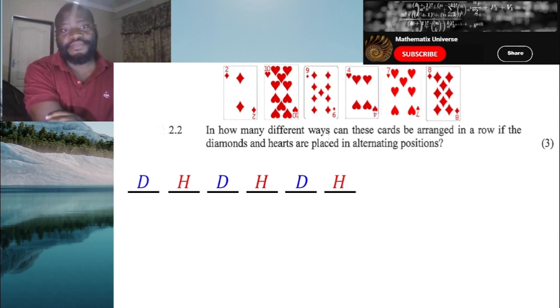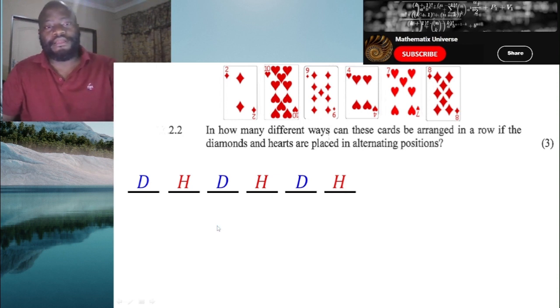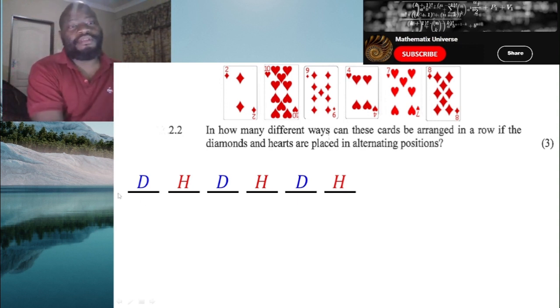But remember, the D's are not the same and the H's are not the same. So always, if we started with diamonds, we'll look at how many possible diamonds can we put here for the first position, and then after we've placed that one, we'll see how many are left to be put here, and so on and so on.